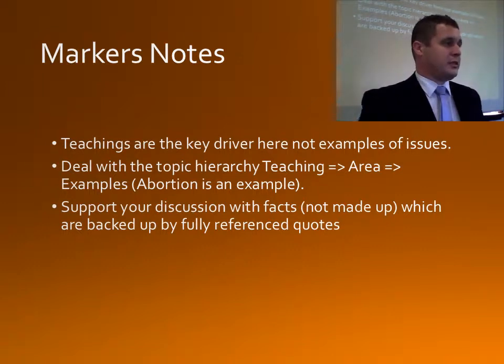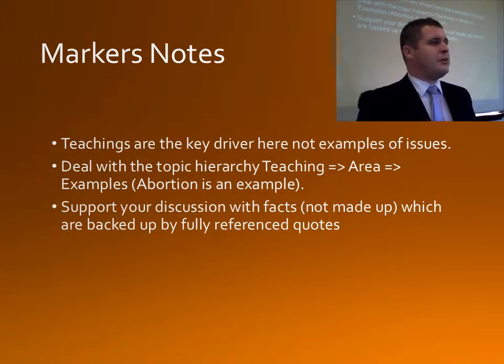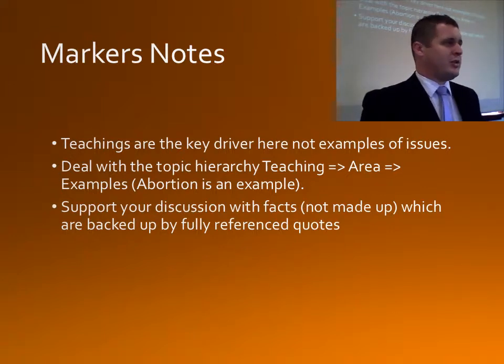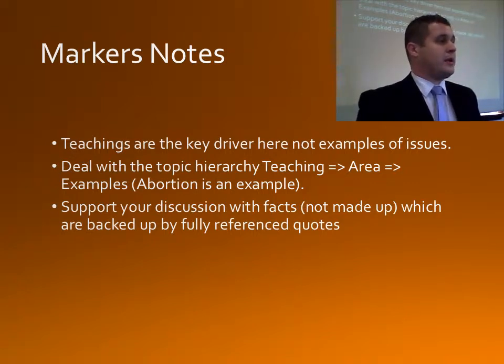Uniting Church is a really good example to go with, particularly in bioethics, because they enable the individual adherent and individual communities to come up with their own position. But they must be informed positions. They can't just say, I believe this, I don't believe this. They've got to come up with justification. So the individual adherent has to do the research and the interpretation of the teachings to be able to come up with their personal position.